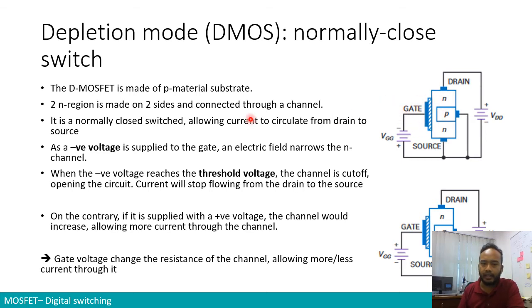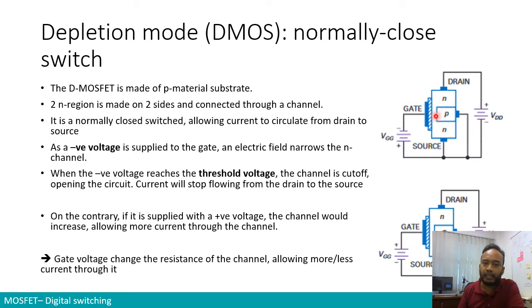even if we don't operate the transistor yet. So as a negative voltage is supplied to the gate, imagine that you have a DC voltage source like this, and a negative supply is supplied to the gate. What happens is that you will create an electric field around the gate. The gate is made of what we call a metal oxide silicon part. And then that field will narrow down the channel.